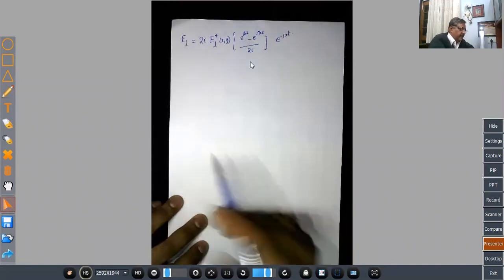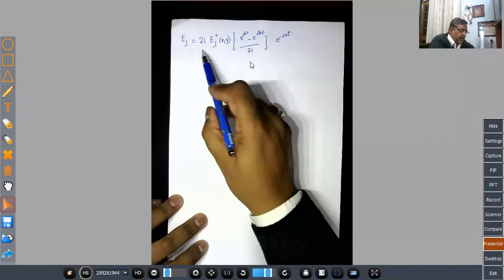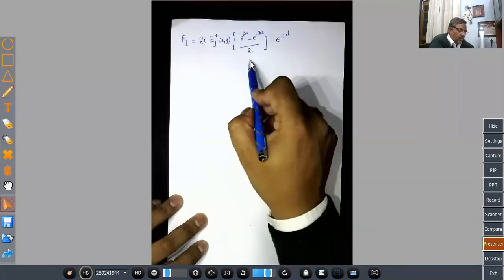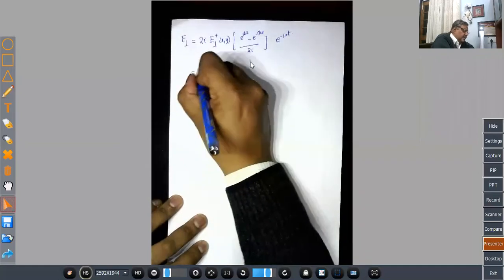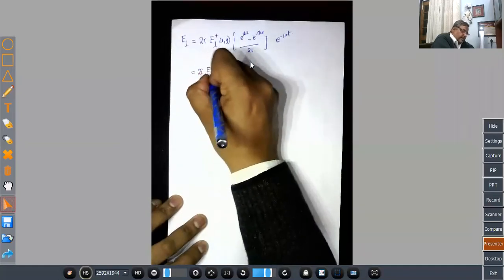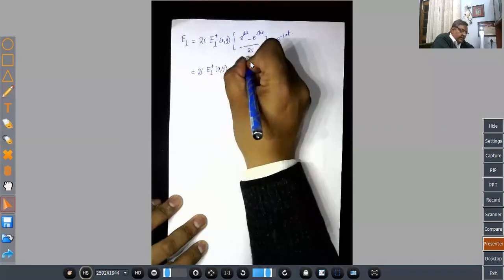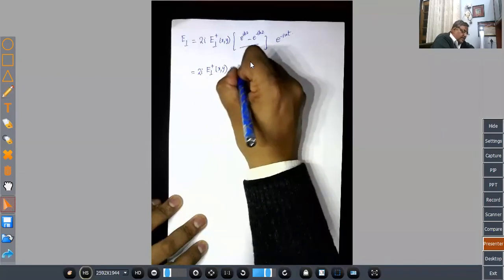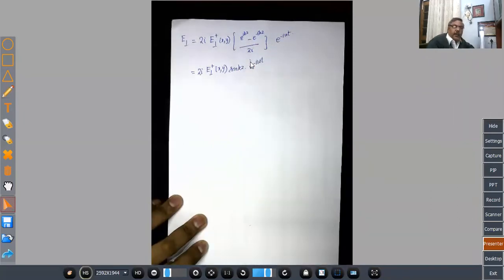We have taken the amplitude outside, multiplied and divided by 2i. So now this will become sine kz e to the power minus i omega t.